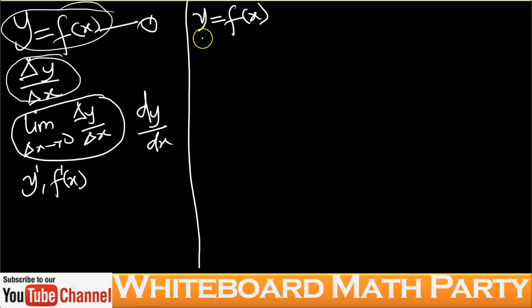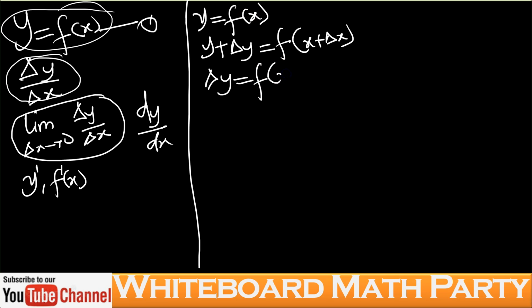From here we can also prove that if we add the change in y, it can also be seen as a function of x and the change in x, since y is a direct function of x. This will mean that change in y is a function of x plus a change in x minus y.